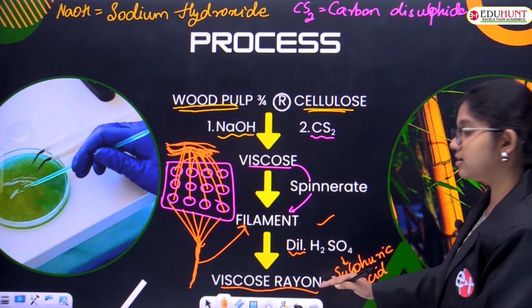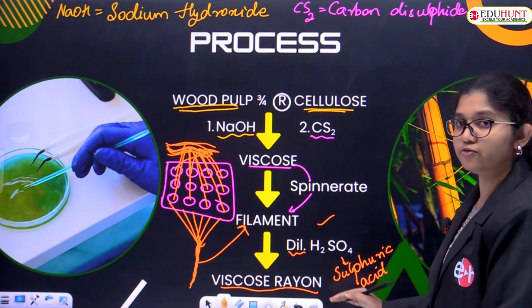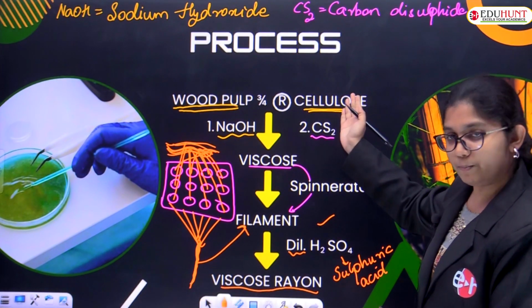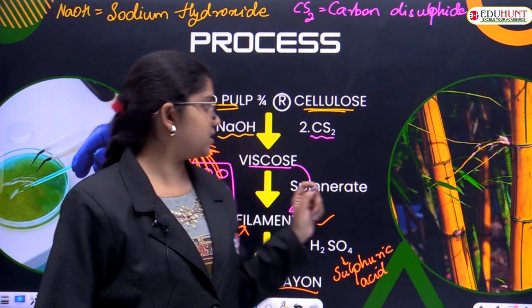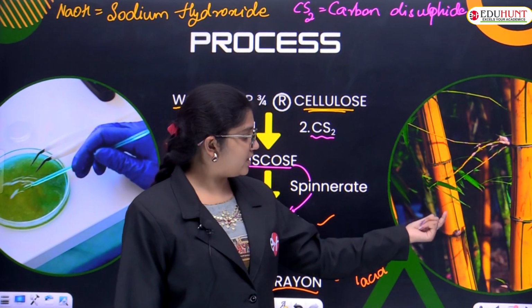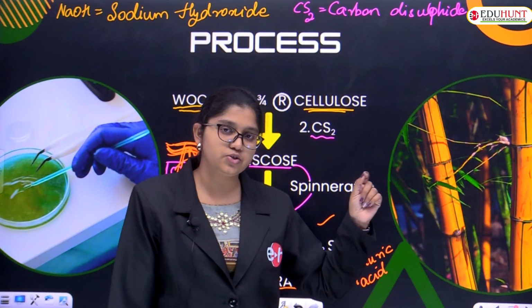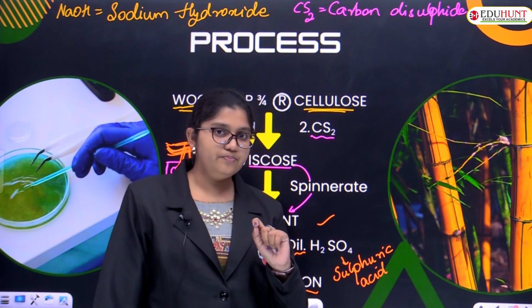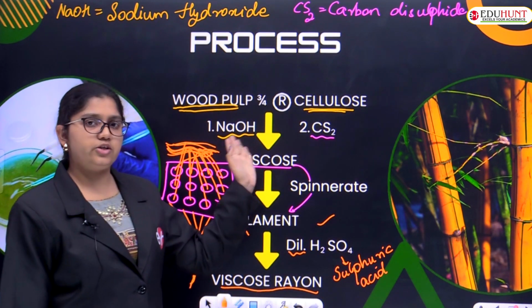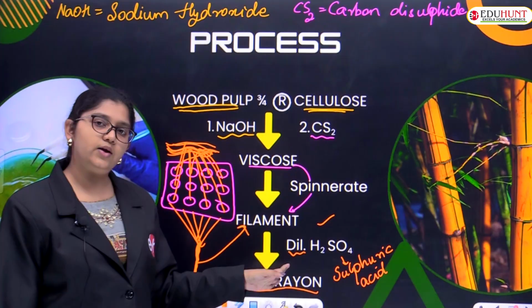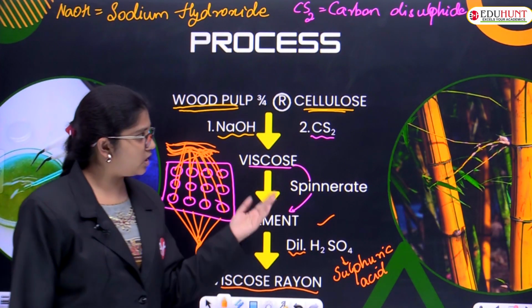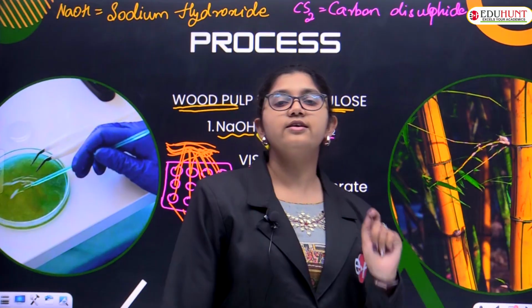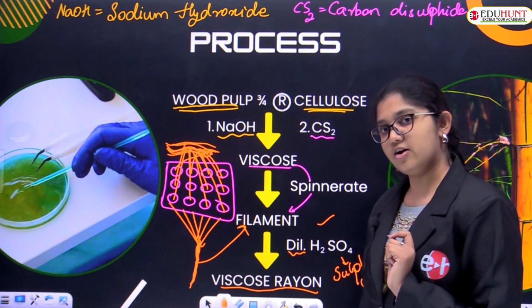This is the basic treatment for the production of rayon from wood pulp. Here we see bamboo trees, and from there they take the wood pulp, and that cellulose is treated with NaOH, CS2, dilute H2SO4, and finally they get viscose rayon. Clear, children? This is all about the process behind rayon production.